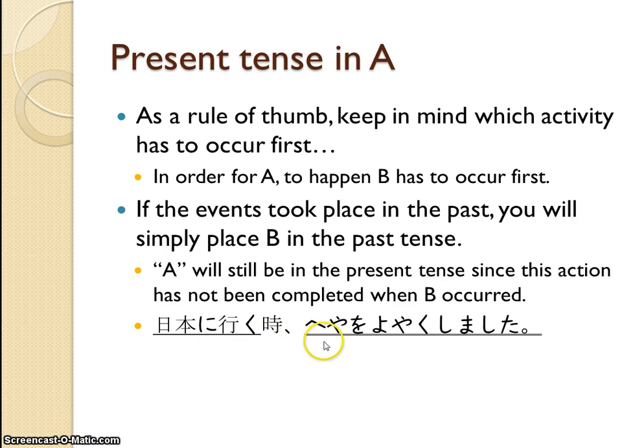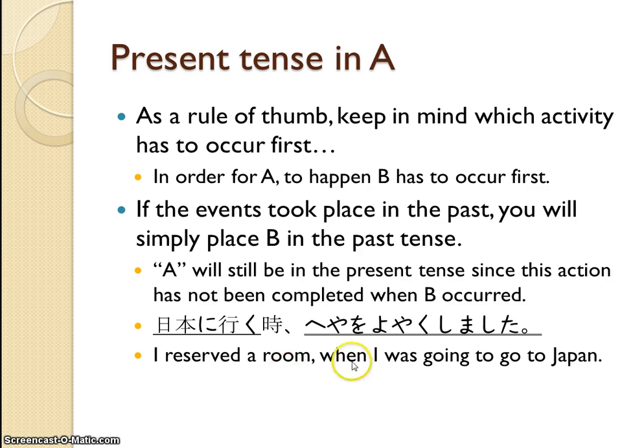Okay, so 日本に行くとき部屋を予約しました. So this translates to I reserved a room when I was going to go to Japan. So this is in past tense when you write it in English, but in Japanese you keep it present tense. Because technically B has to happen first before A can occur, so we just keep it consistent here. And this is the only part you manipulate.